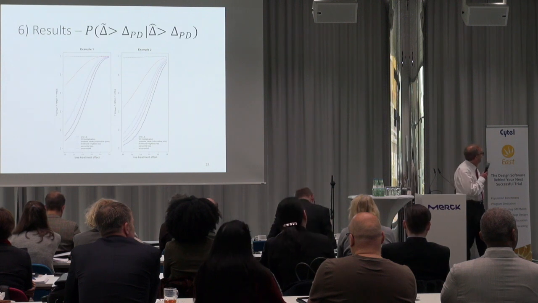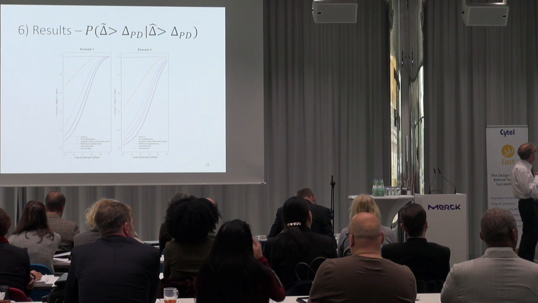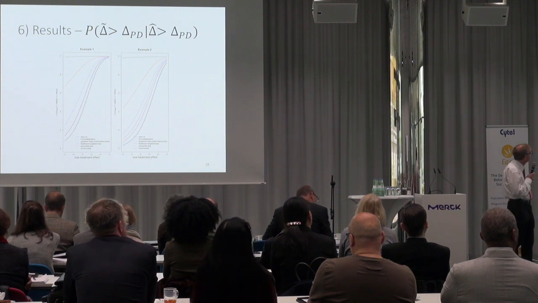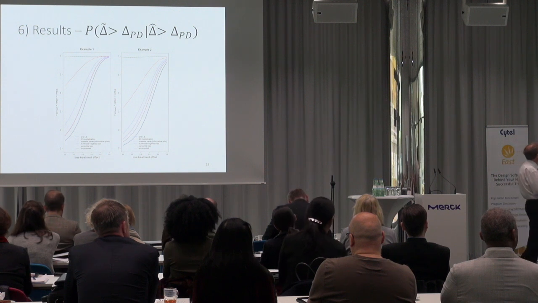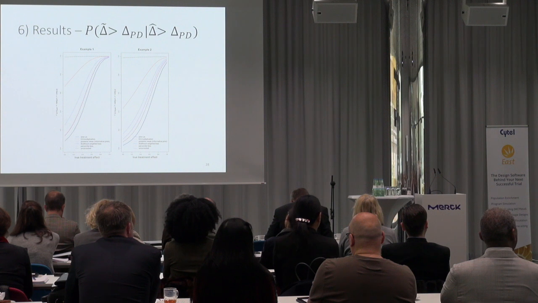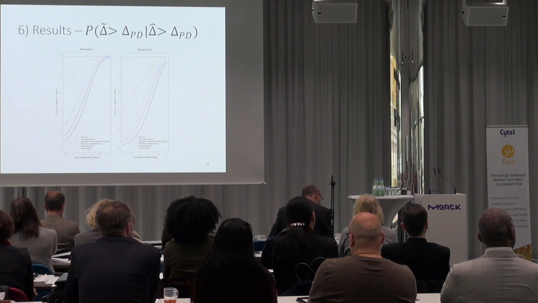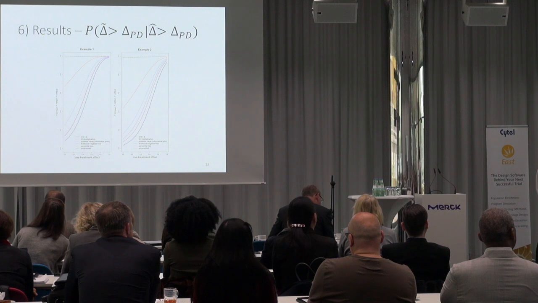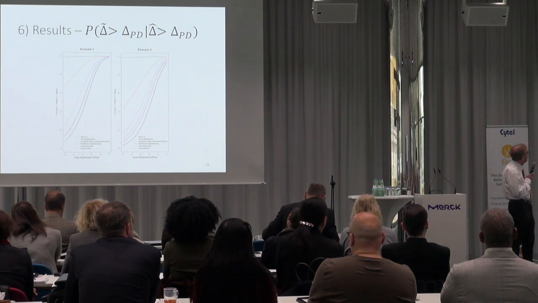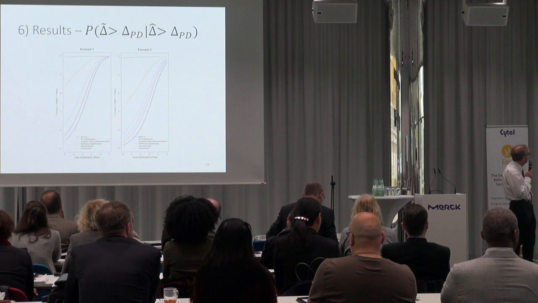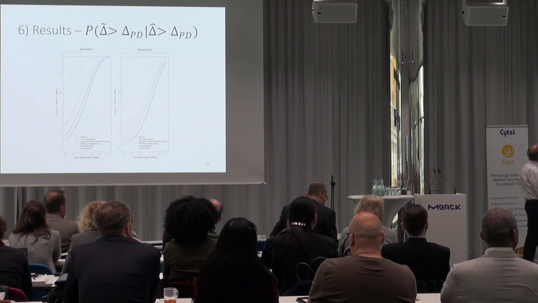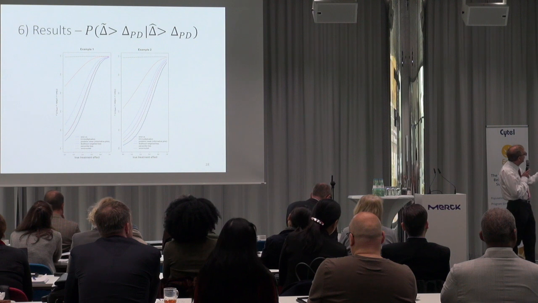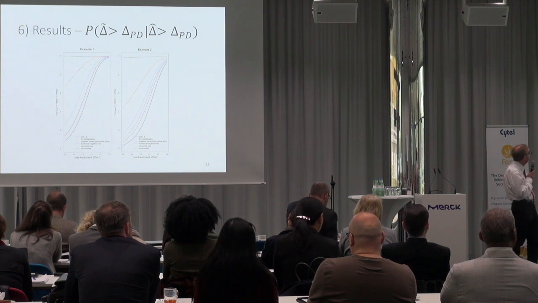Okay, something else we talked about is what's the probability the corrected effect is going to exceed the decision threshold, given that our observed effect exceeds the decision threshold. So on the left, we might be interested to say if we took that threshold of 0.33, below 0.33, we don't want to progress. Above 0.33, maybe we don't mind progressing to a further stage of development. And you can see things like the 0.9 multiplication method has a high probability of progressing, even if the true treatment effect is small.